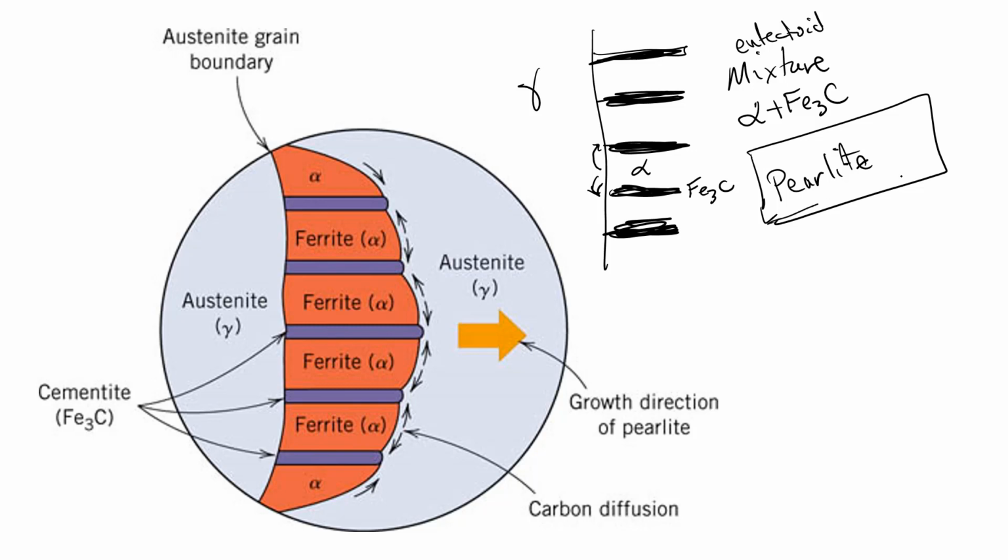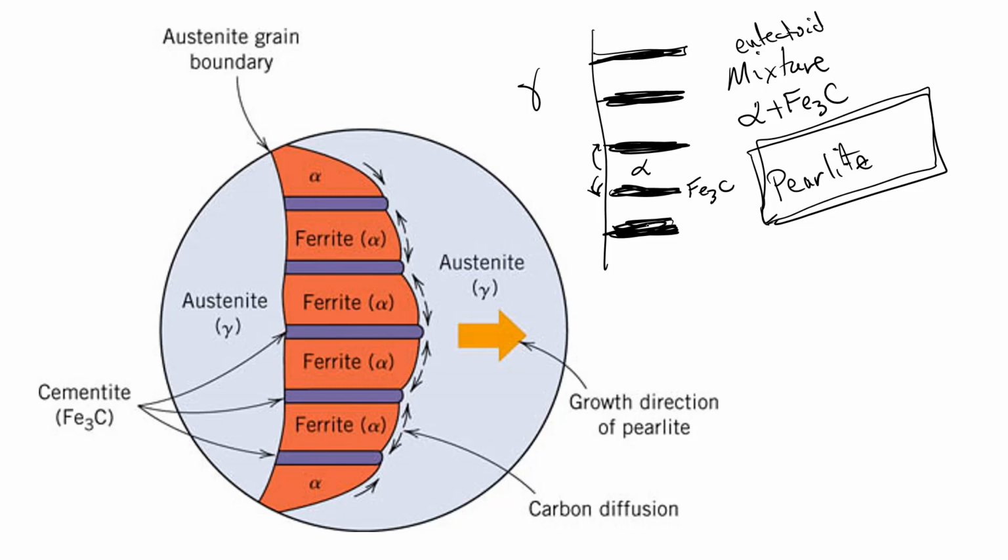Now, the historic reason for that pearlite name is because the first people that started to polish and look at steels under the microscope saw that those steels kind of looked like mother of pearl when they looked at it with their naked eye. It was kind of iridescent, and that's because the layers of alpha and Fe3C scatter light in strange ways. So they called it, looked like pearl, so they just called it pearlite.